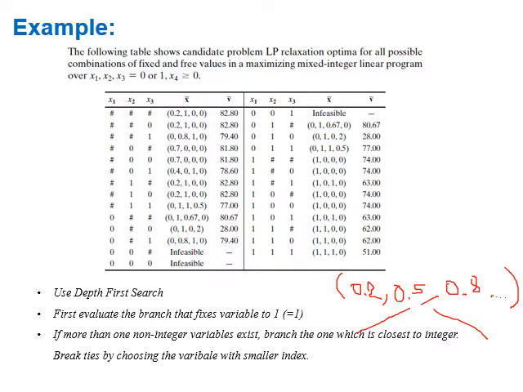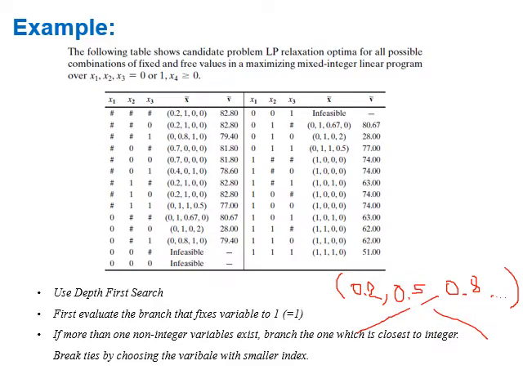Then we need to look at this 0.2, the value of the first decision variable. It is closer to 0, right? 0 is an integer value, and the difference from 0 to 0.2 is just 0.2. This is 0.5, the second variable x2, and the distance from 0 is 0.5, and from 1, the distance is 0.5 again.